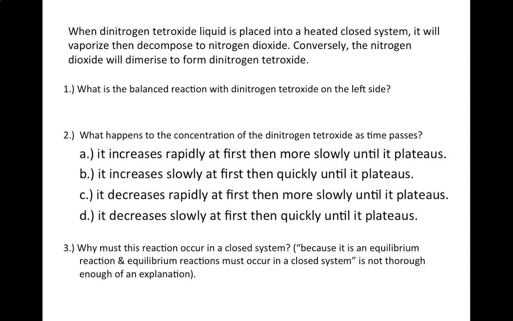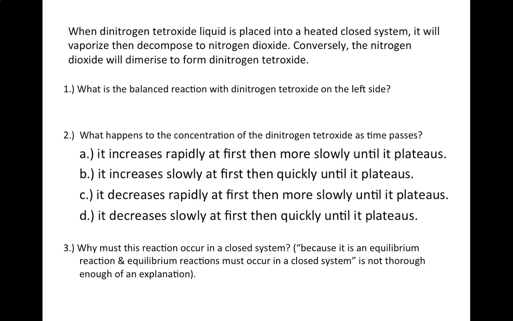So the balanced reaction, first of all, dinitrogen tetroxide, that's N2O4, goes to NO2. Well, we know that if we balance that out, we have 1 mole of the N2O4 and 2 moles of the NO2 to get the reactants to balance the products.